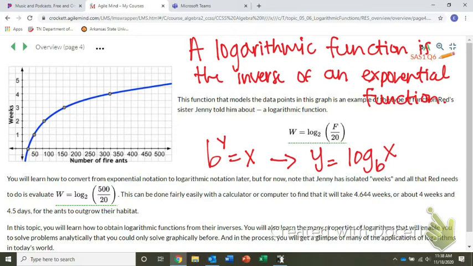All right, so what do you notice in the first equation? What letter is in the exponent? I mean, Y. Right here. In the second equation, what letter is in the exponent?